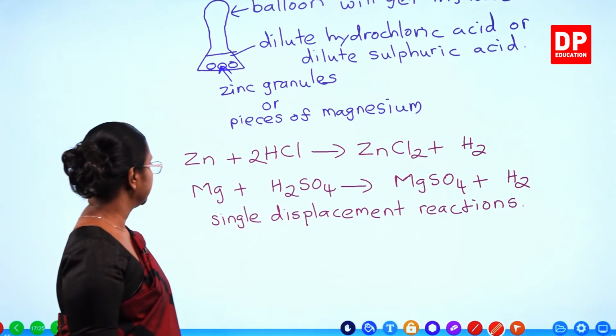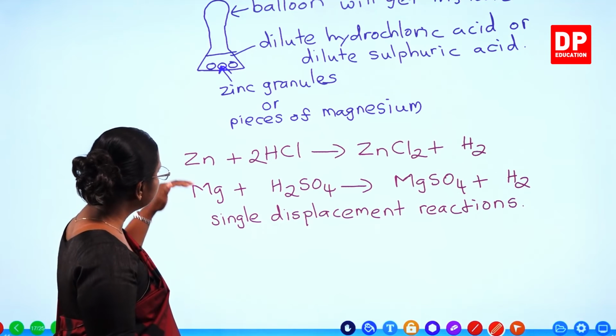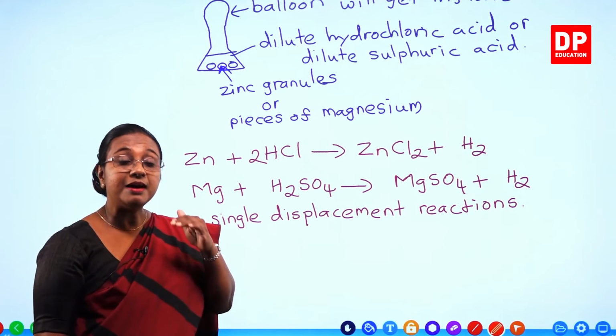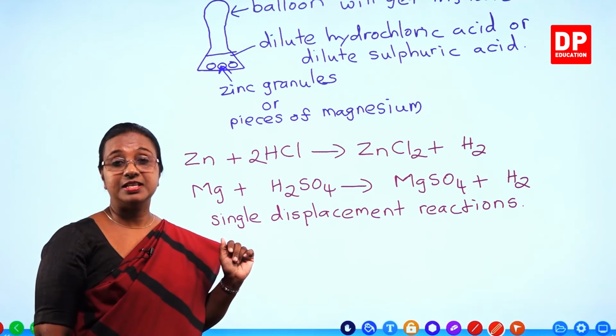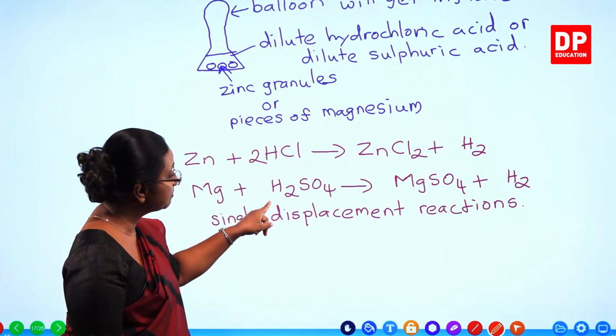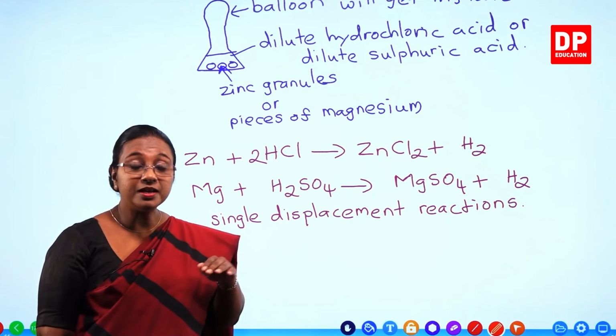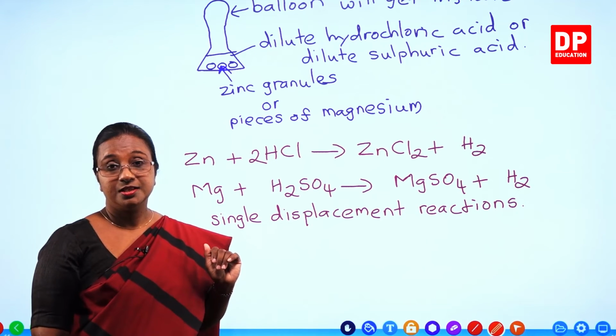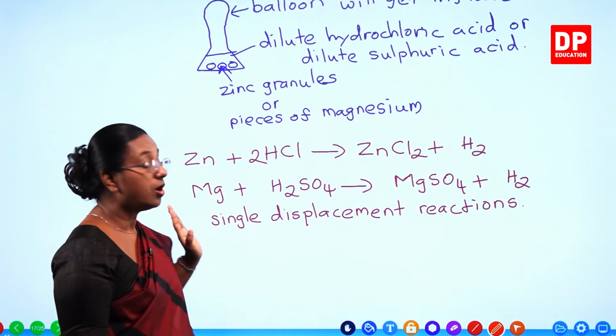And you know, students, we have both magnesium and zinc above hydrogen in the activity series. That is why both metals are able to displace hydrogen from the solution. I am sure you all can remember all these.